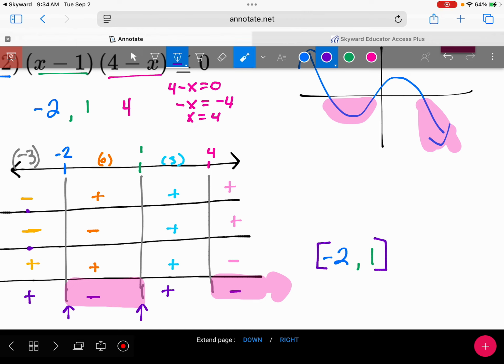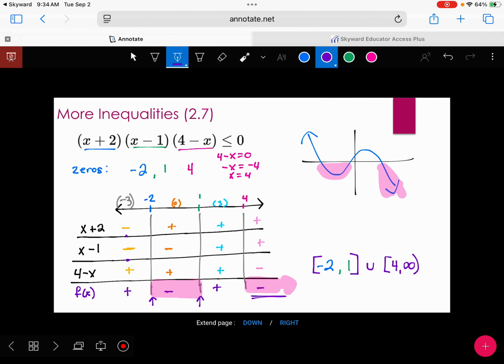So that gives me this little loop-de-loop right here is between our negative 2 and our positive 1. This guy, that's this piece over here, is going to go from our 4 out to infinity. I'm going to write a U in between them. It is technically correct for the way to join them, but not that big a deal. Again, I'm not going to be petty about the U versus not U.